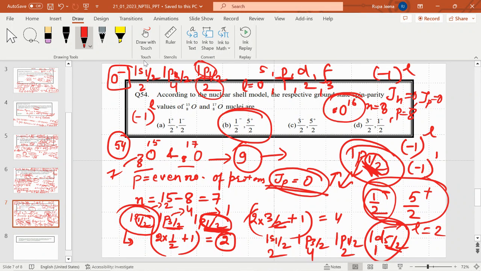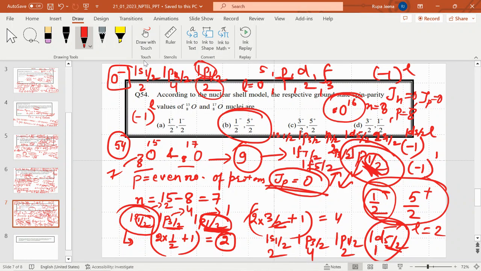Okay, so you were not in my first class, so for that I have given you the chart. So this goes like this: 1s 1/2, 1p 3/2, 1p 1/2, 1d 5/2, 2s 1/2, 1d 3/2, then 1f 7/2, 2p 3/2, and 1f 5/2.